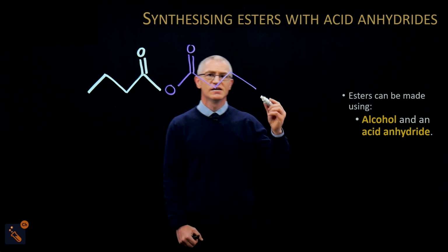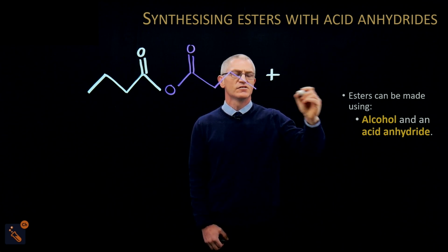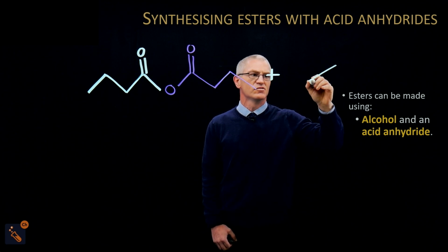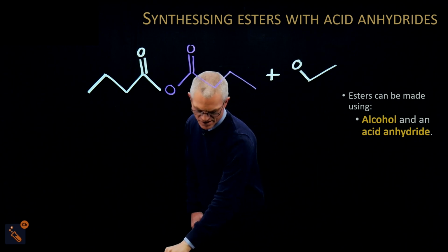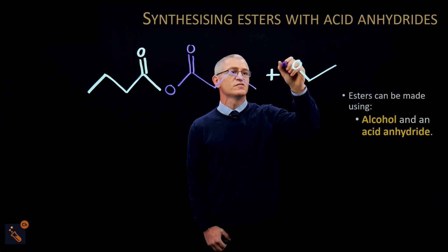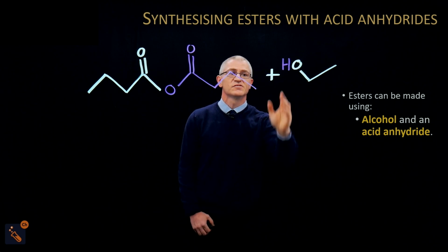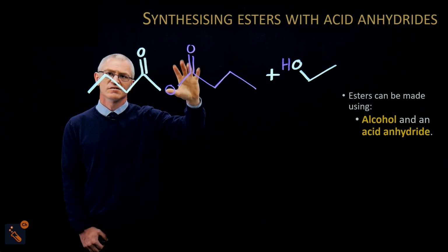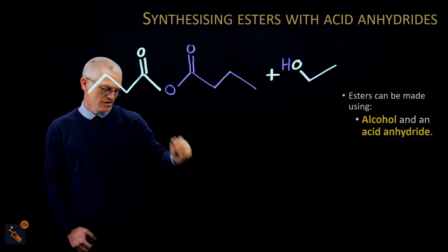Now let's look at the alcohol that we want to use this time, and we're going to keep it relatively simple, and there is your ethanol. Again, really important with the colours. In the purple here, you can see what's going to react together. We can see that this part here is going to react with the H, and this O is going to come in here.